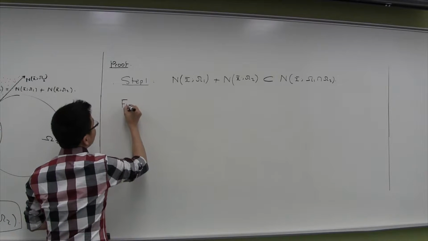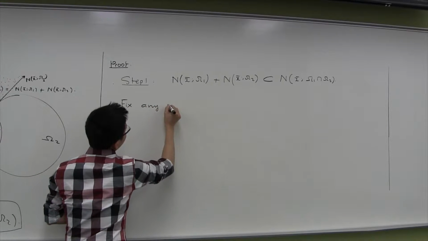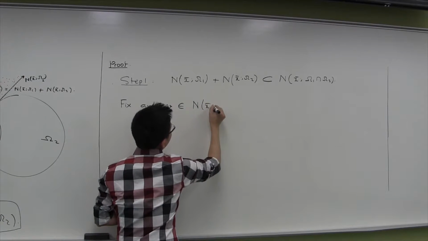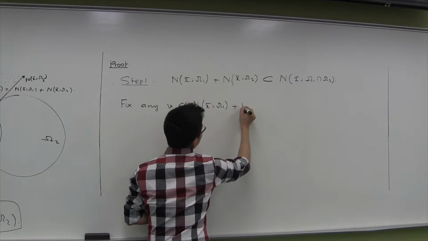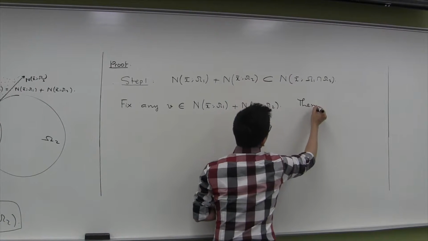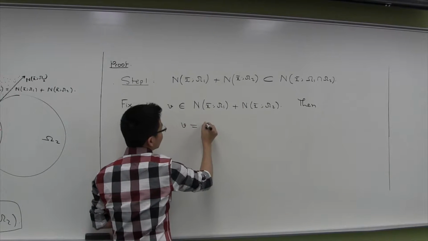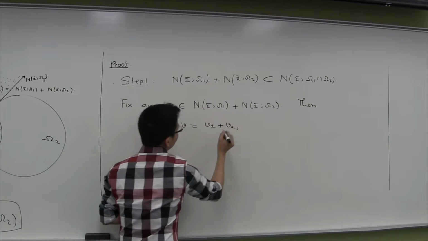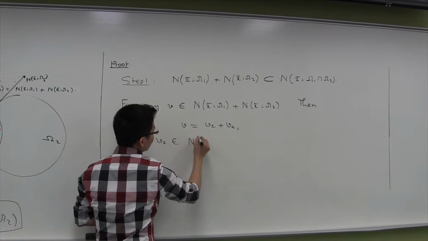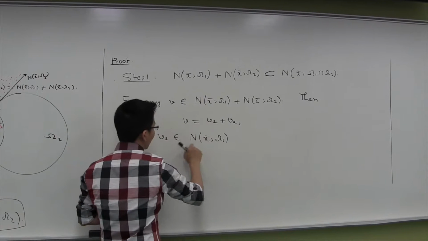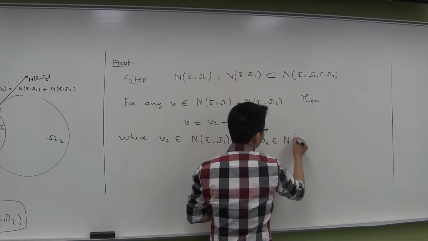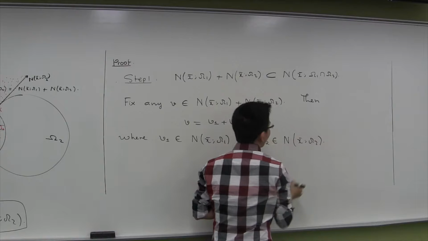We fix any v in this sum. Then v can be represented as v1 plus v2, where v1 belongs to the normal cone to the set omega 1 at x bar, and v2 belongs to the normal cone to the set omega 2 at x bar.